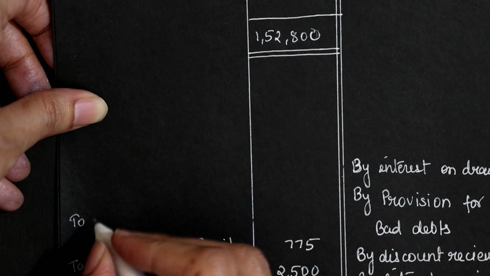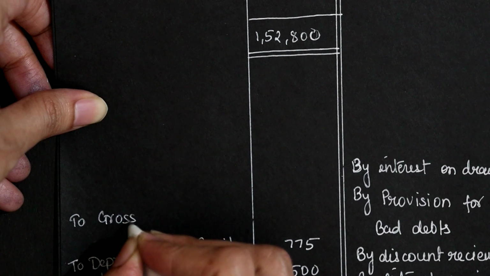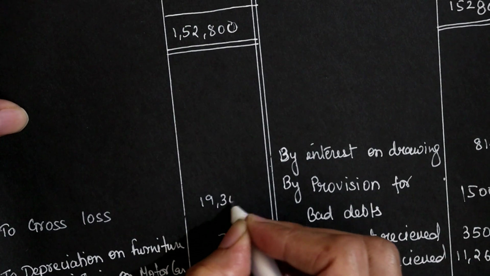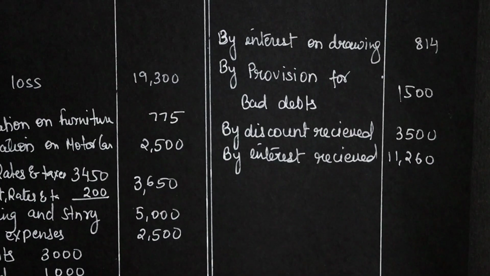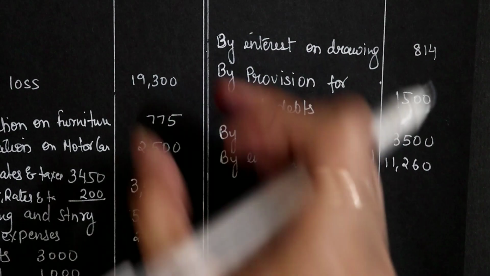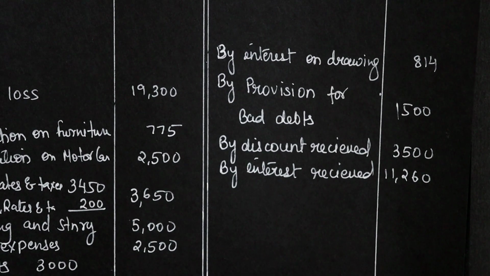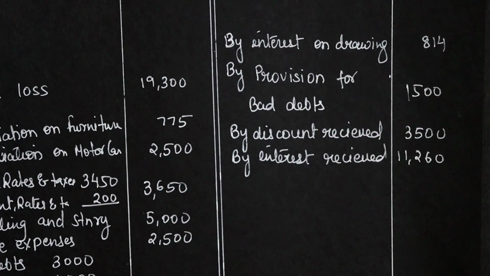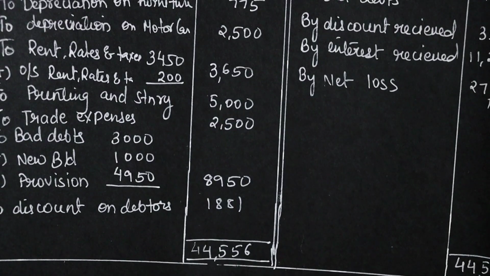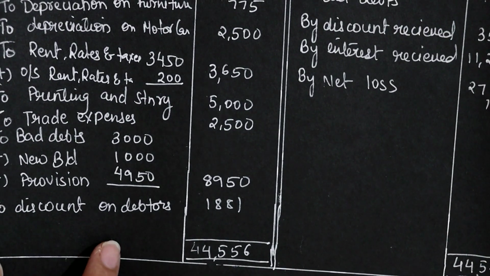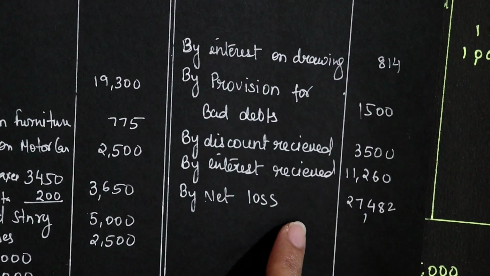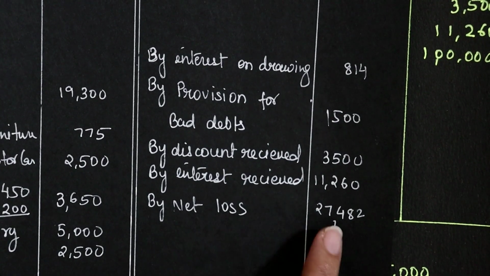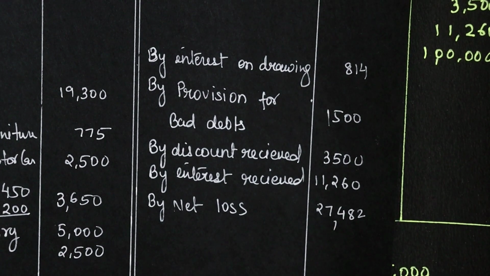To gross loss, 19,300. Now again we will do the balancing of the profit and loss account. We will total the debit side of the profit and loss account and subtract the total of the credit side. The total of the debit side exceeds the total of the credit side, and that's why we got a net loss of 27,482.